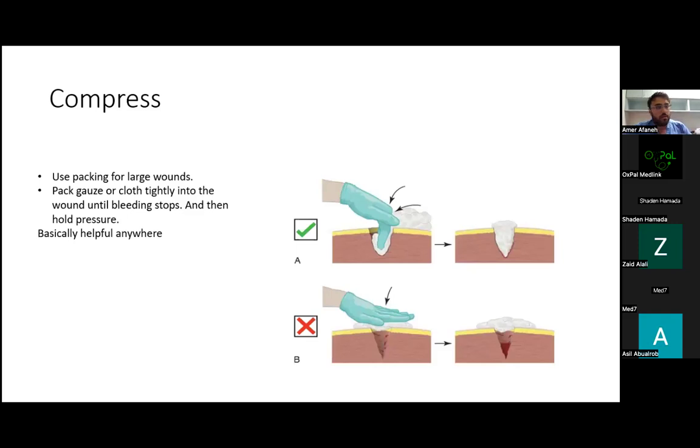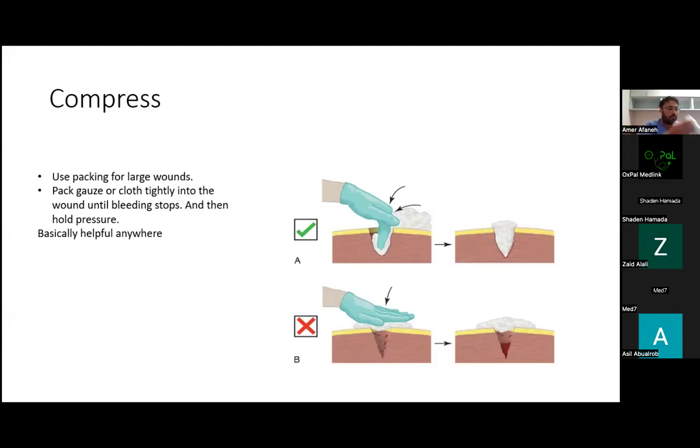When we talk about packing a wound, packing a wound is for larger wounds, larger soft tissue injuries. So if there's a big wound that's bleeding and just holding pressure is not going to be enough for this very large wound, you want to teach people how to pack a wound with either gauze or cloth or whatever is available that you can pack inside the wound, and then after that you hold pressure.